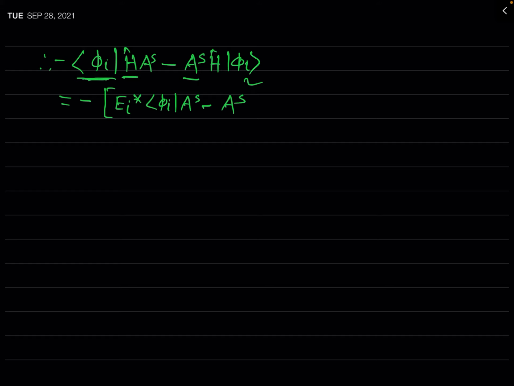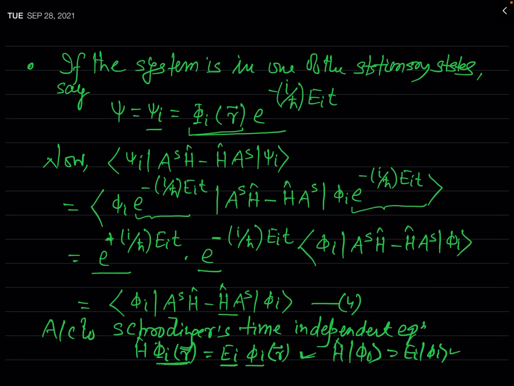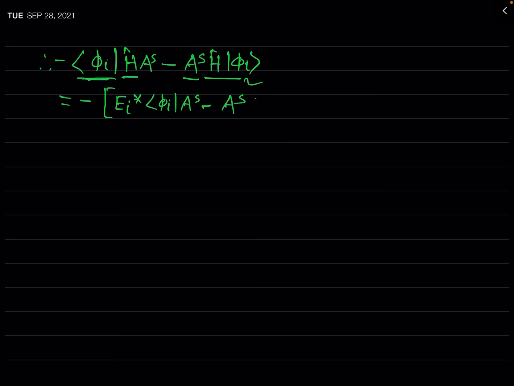And when h hat is operated on Ket phi I, see this equation, Schrodinger's time independent equation, you will get simply Ei times Ket phi I.